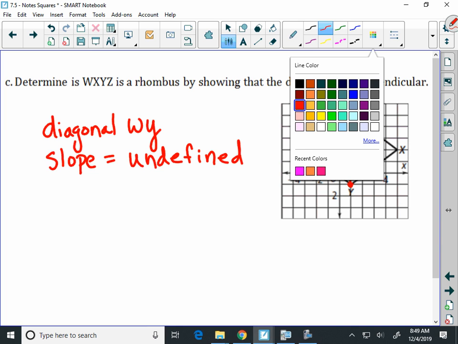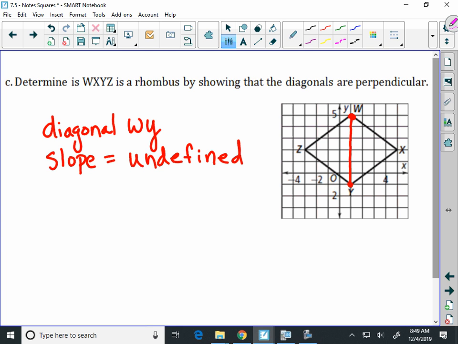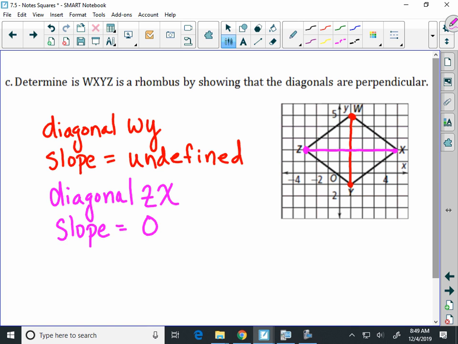And then the counterpoint here, the other diagonal, if we look at diagonal ZX, well, it's a horizontal line, and if the slope of a vertical line is undefined, then the slope of a horizontal line is 0, and they are perpendicular. They are opposite reciprocals. 0 is 0 over 1.